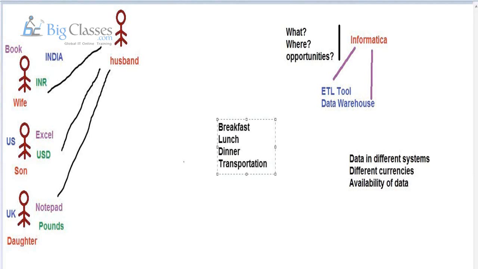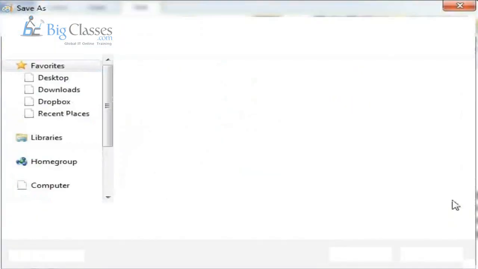So these are some common expenses that are going to be there every day. Now, the husband doesn't want to see the expense details every day, how much he spent on breakfast, how much on lunch, how much on dinner. He doesn't want that detailed data. How he is expecting data is very simple.